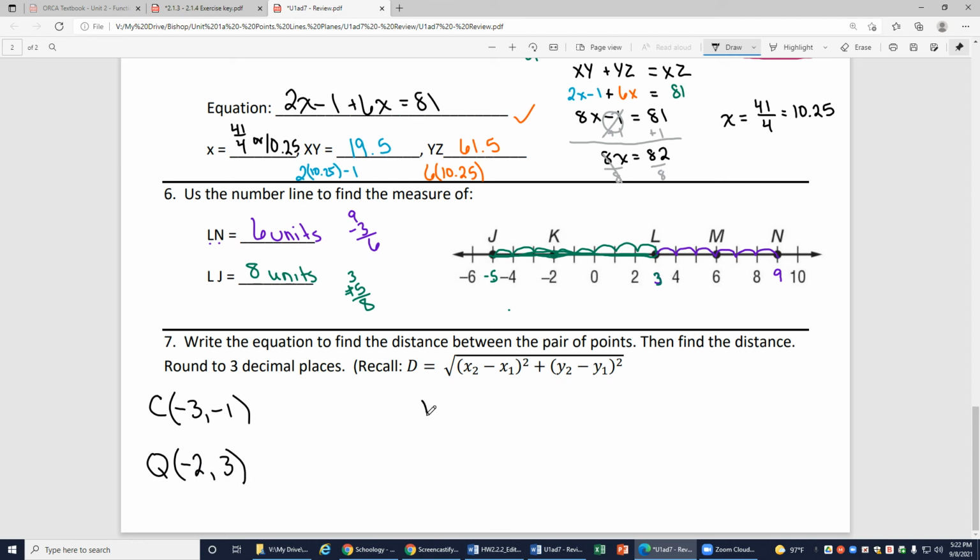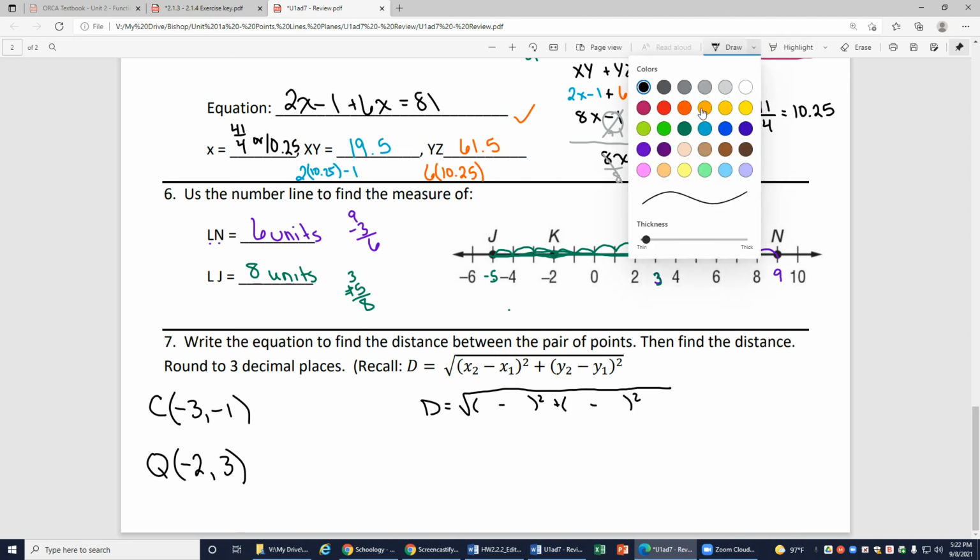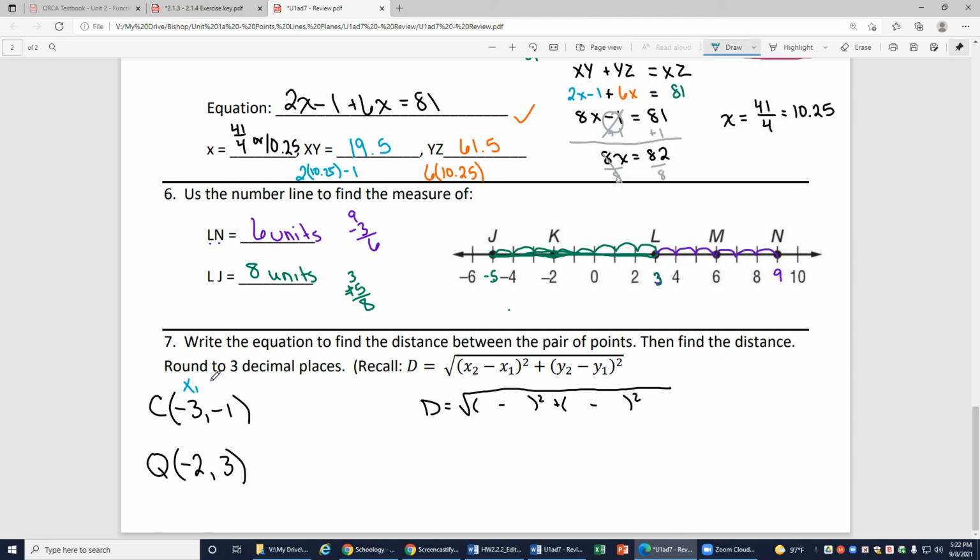Okay, the first thing, if you recall from my video that we did, is I fill in my formula without the x's and the y's, because then I can label my points and just plug them in. So I'm going to have my first point x1, y1, and then my x1 I can now see as a negative 3.